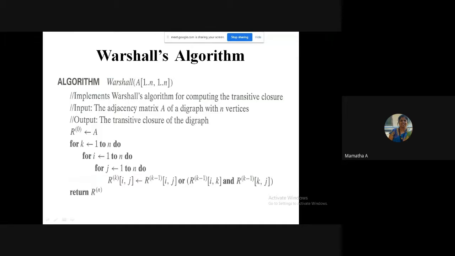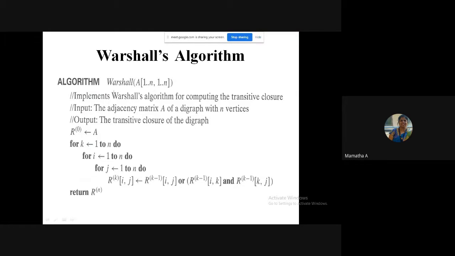When it comes to the algorithm, the logic remains the same, but you have to embed certain statements. So now, as usual, you have the keyword algorithm, then the name Warshall.